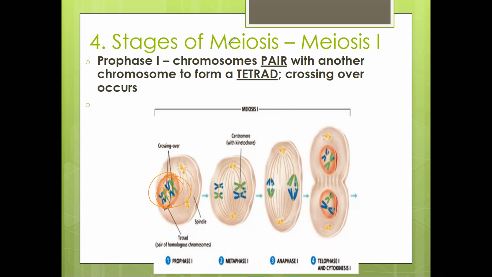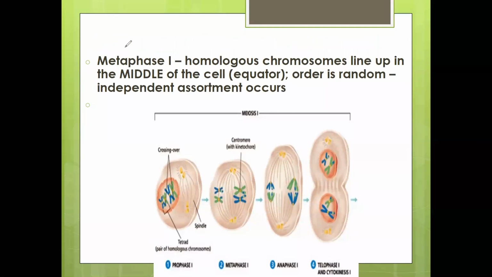So then after the normal stuff that also happens in prophase, like the nucleus disappearing and the spindle fibers starting to form up, then in metaphase 1, those homologous chromosomes are going to line up in the middle of the cell, just like in mitosis, except you're seeing that tetrad still occurring there.